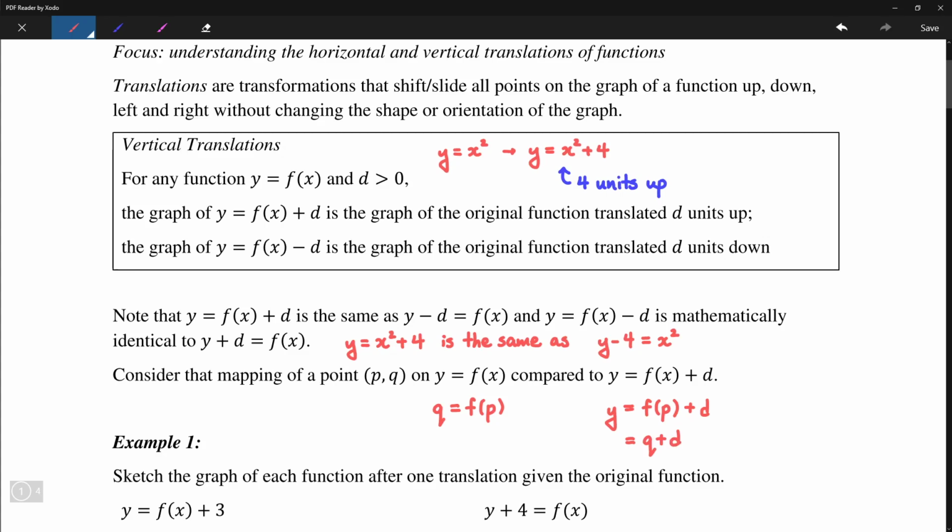So if the point P, Q is on the original function, then the point P, Q plus d will be on the new function.